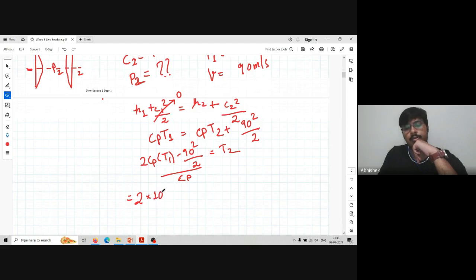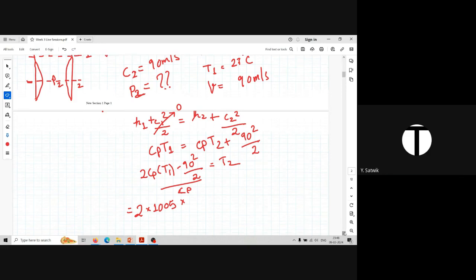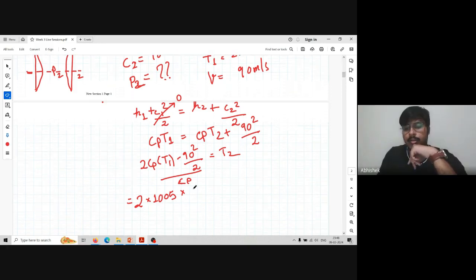It is air, so 1005 joule per kg K. T1 is 27 degrees Celsius, so it is 300 Kelvin. T2 equals 300 minus 90 squared by (2 times 1005).